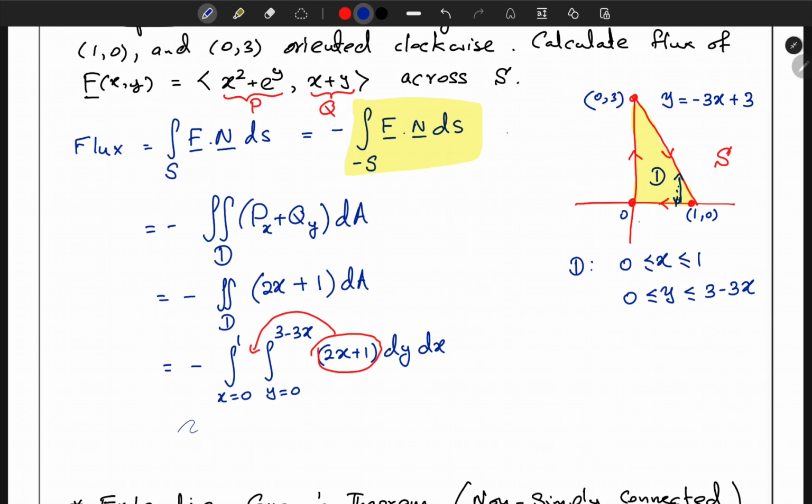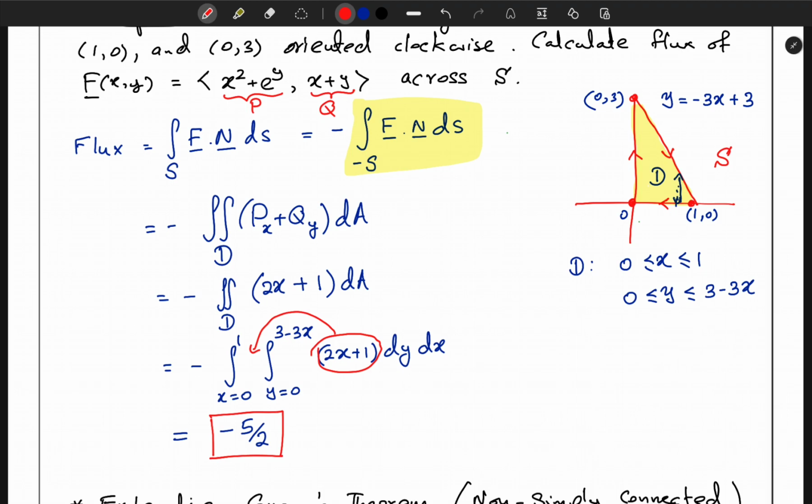I'm not going to do it here. After evaluating the integral, you should get 5 over 2. Now it is 5 over 2 from the integral, and we already had a negative in front, so the flux is negative 5 over 2.